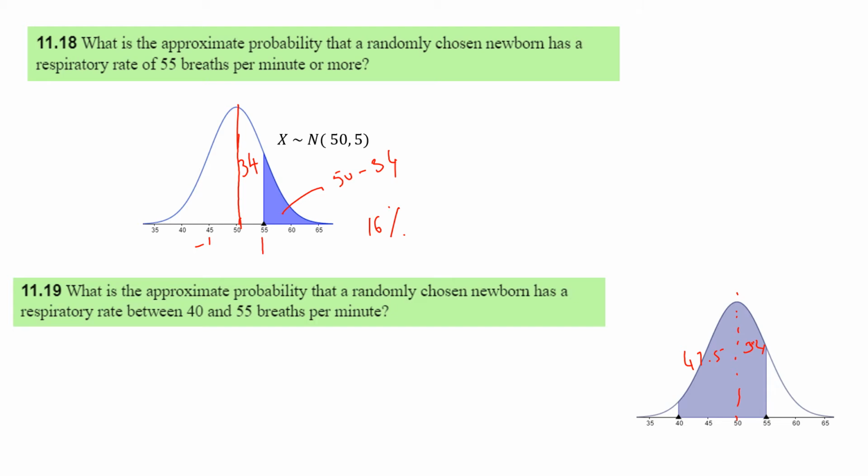When we add, it will be 47.5 plus 34, which will be 81.5. Since we are trying to find the probability, we have to write this as 0.815.